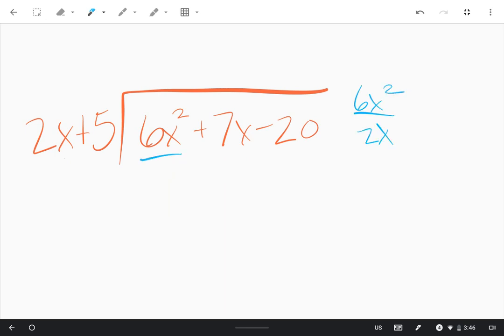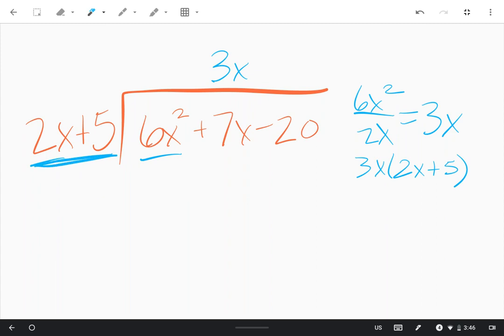I get 3x, just like what we've been doing in the other division problems. That answer goes here, 3x. Then I take that 3x and multiply it times 2x plus 5, the entire expression.